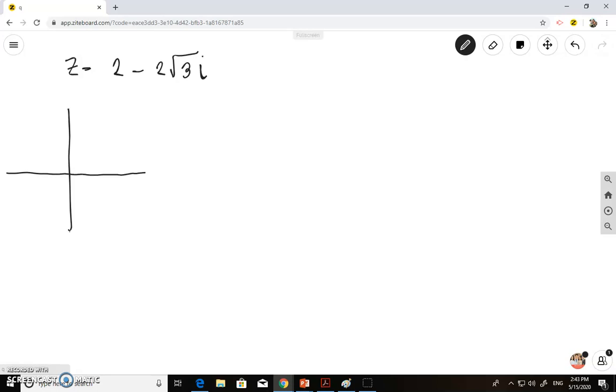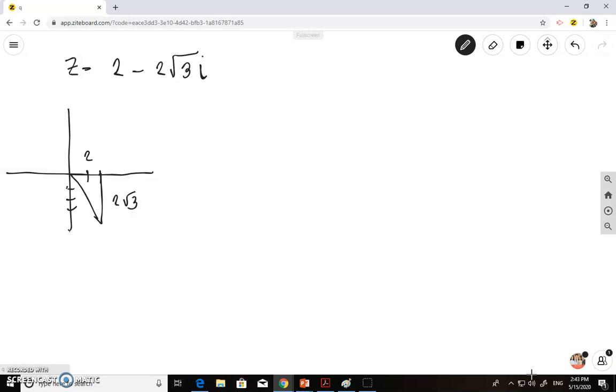This one is positive 2, and 2 times square root of 3 is approximately 3.5 or 3.4, so we have 1, 2, 3. But this one is negative, so the graph is here. This one is 2 square root of 3 and this one is 2.